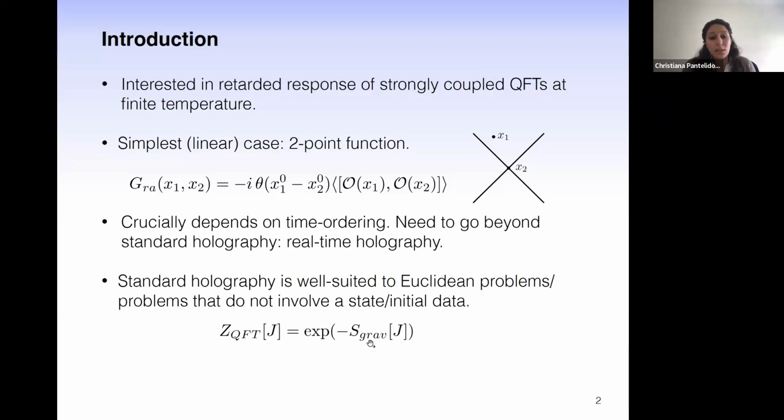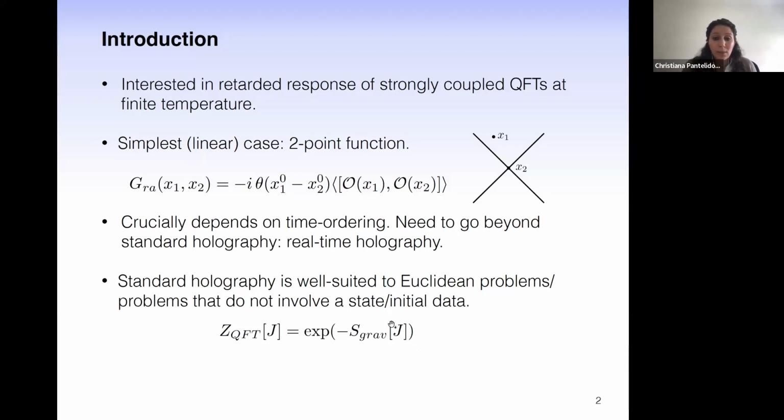Okay, and this is what I denote here on the right-hand side. So this is the statement of standard holography, and it actually goes a little bit further from what I just said in words. And this is to say, if we have a source J in our quantum field theory, on the gravity side of the duality, this source becomes boundary conditions that one needs to impose in the UV part of our geometry.